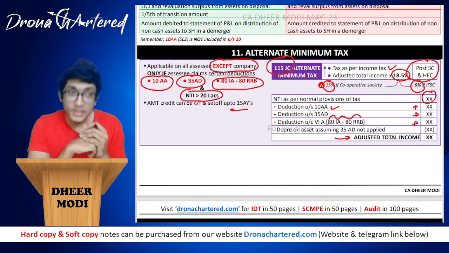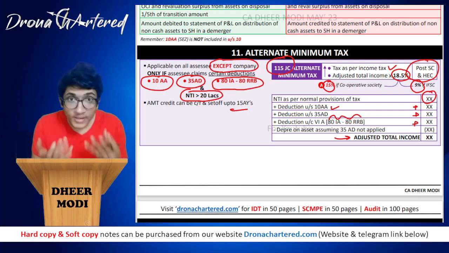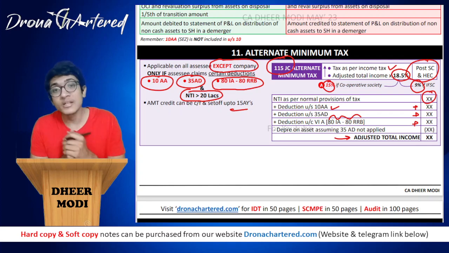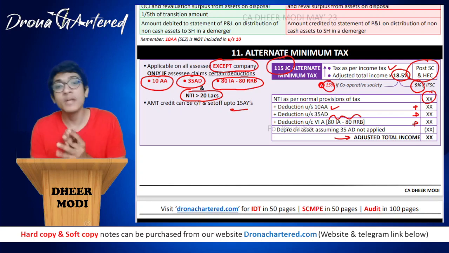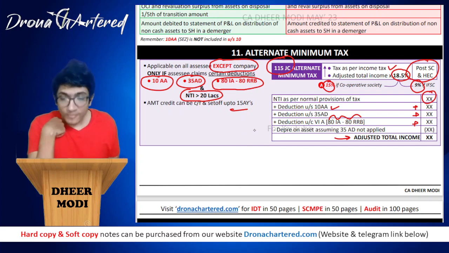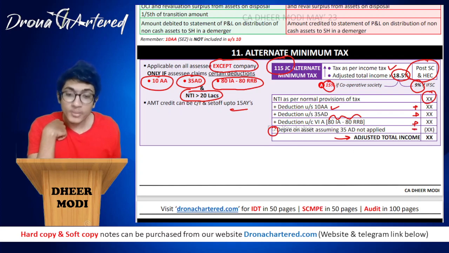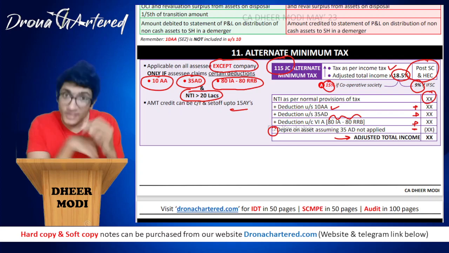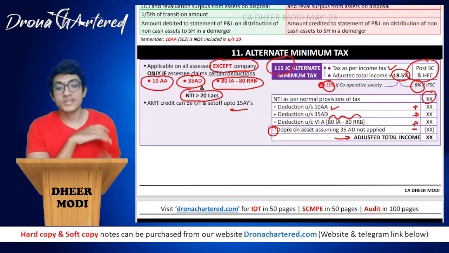But my SSC complains that, boss, if you are taking away my 35AD deduction, at least give me depreciation as per my normal income tax. That is, if I was not under 35AD, at least allow me that depreciation as per your rates. Therefore this will be subtracted. So you have to subtract depreciation on asset, assuming 35AD is not applied, that is depreciation as per normal tax provisions. And after this you get your adjusted total income.